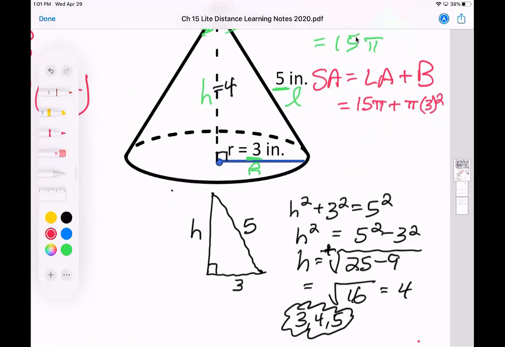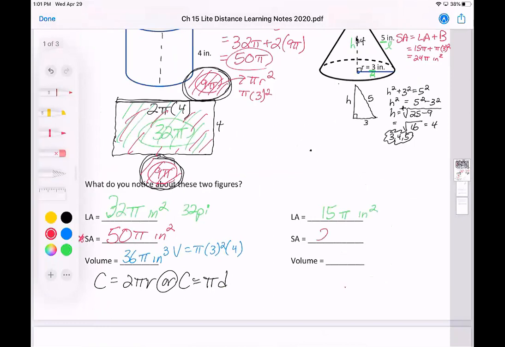Well, that would be 9 pi. So our total surface area is 24 pi square inches. And I'll leave it as that. Again, the surface area is larger than the lateral area, so that confirms a little bit to me, at least, that I didn't do something drastically wrong.